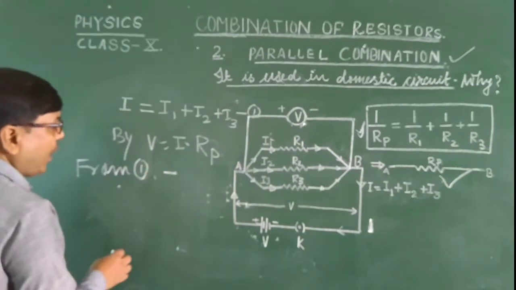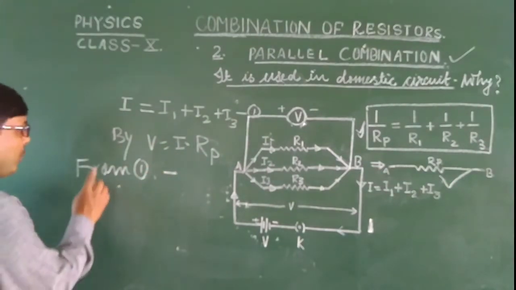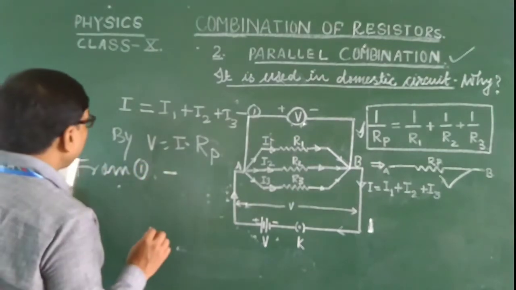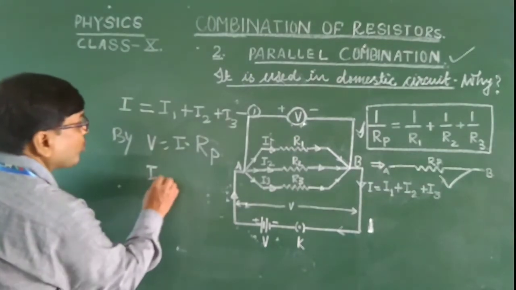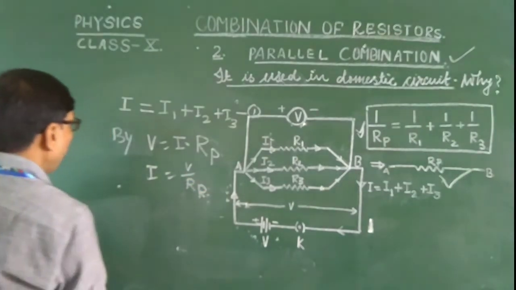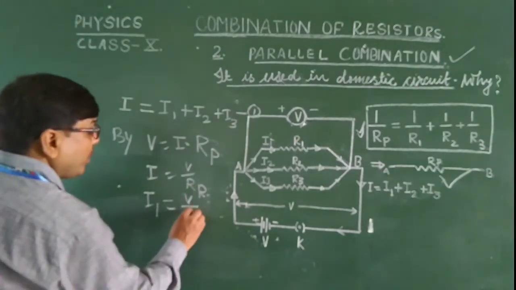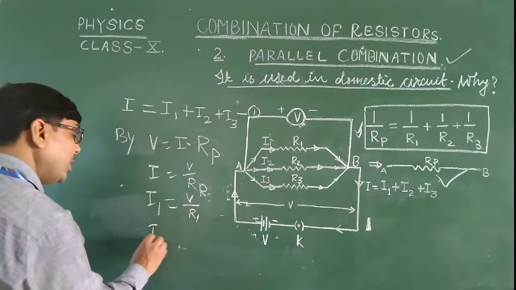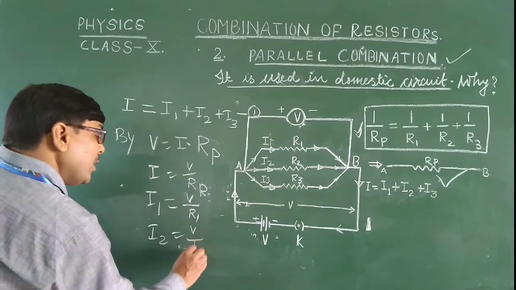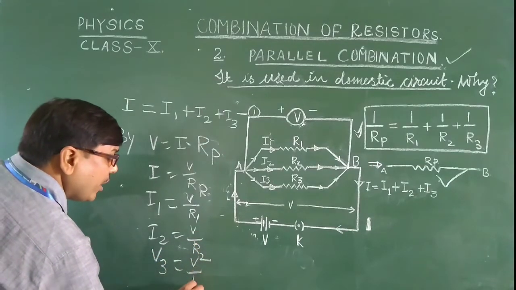So I is equal to V by Rp. Now I1 is equal to the same voltage V by R1. I2 is equal to the same voltage V by R2. I3 is equal to again the same voltage V by R3.